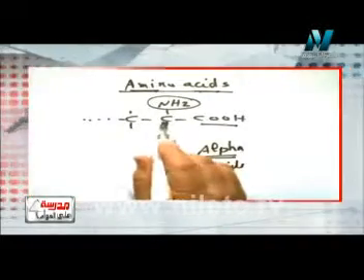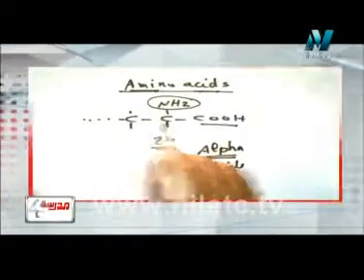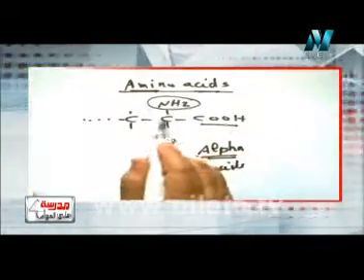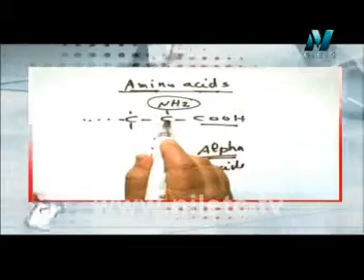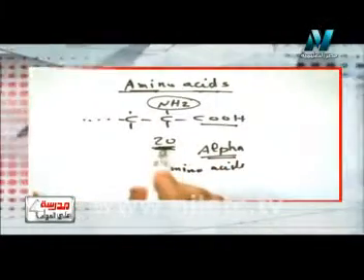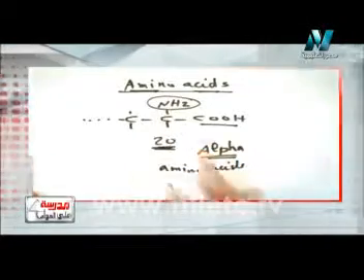The alpha carbon is the second carbon in the chain, the carbon that comes after COOH. All 20 types of amino acids in food are of the alpha type.